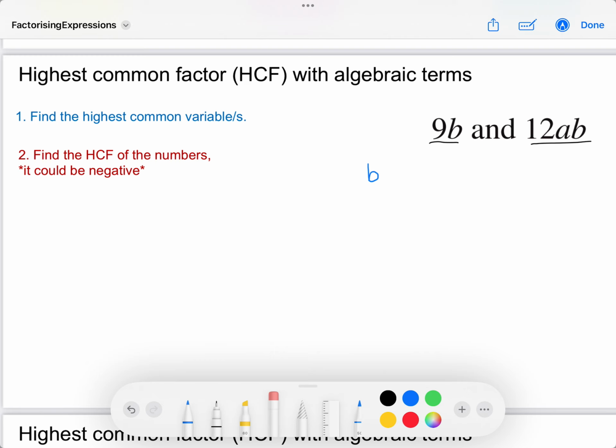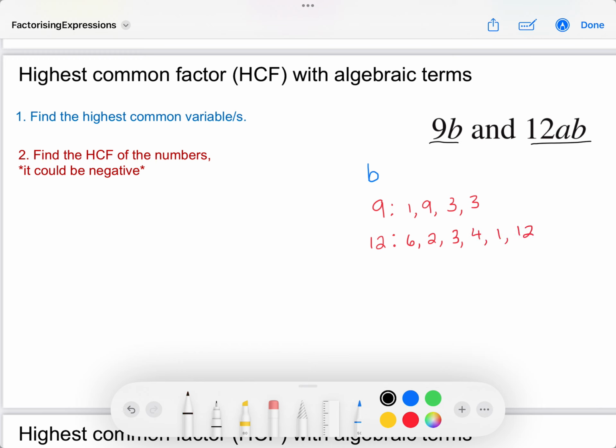Step 2 is to find the highest common factor of the numbers. To do that, I start by listing out my factors of each term. For 9, the numbers that times together to give 9 are 1 and 9, also 3 and 3. And for 12, the numbers that times together to give 12 are 6 and 2, 3 and 4, and 1 and 12.